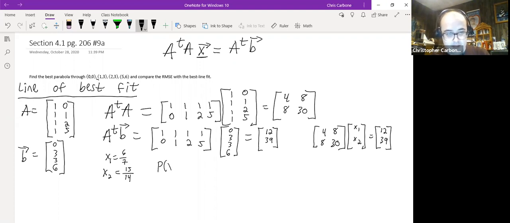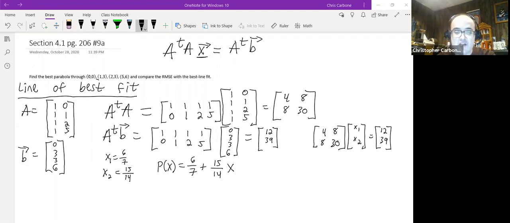I'll call that P of x. This should be equal to 6/7 plus 15/14 times x.